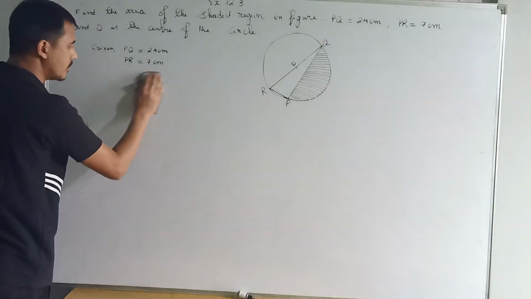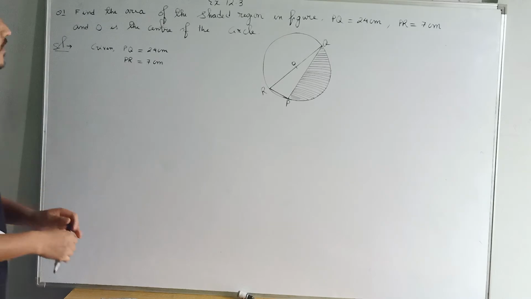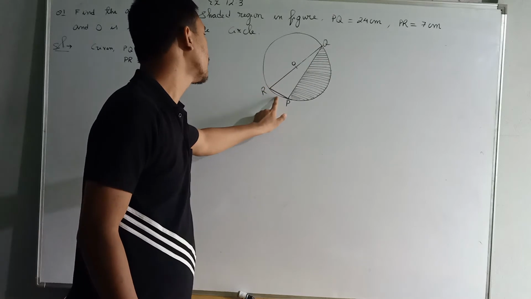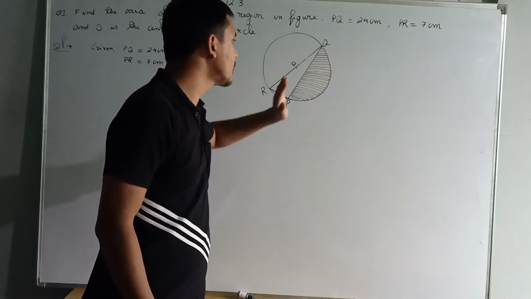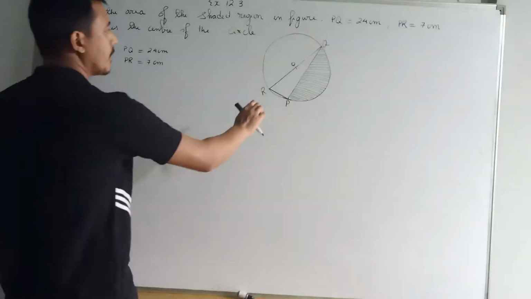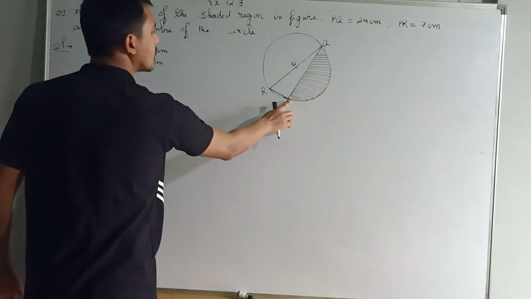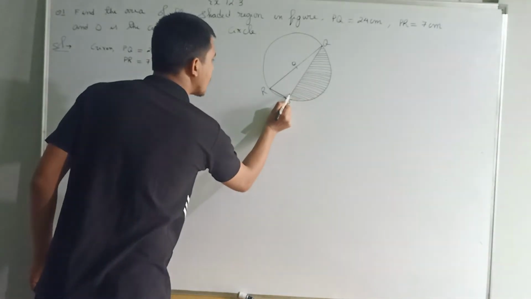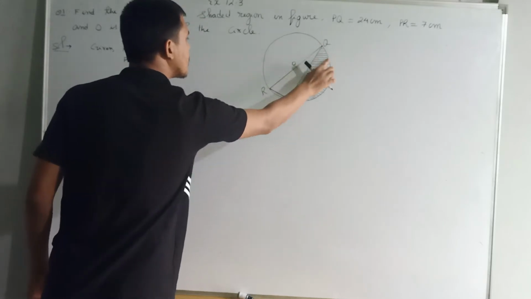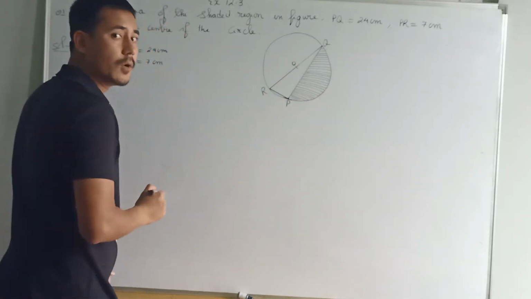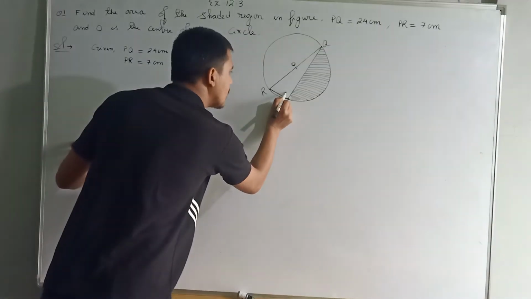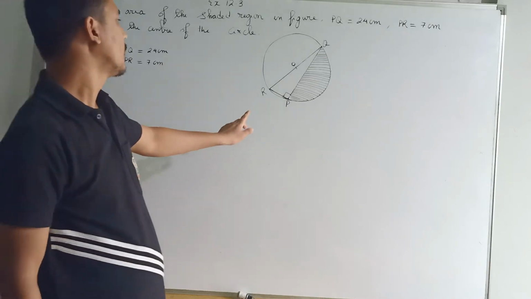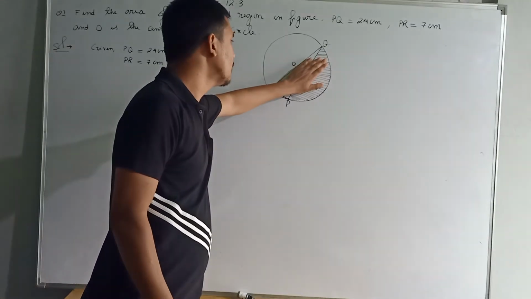So in the given figure, this particular region is your semicircle.